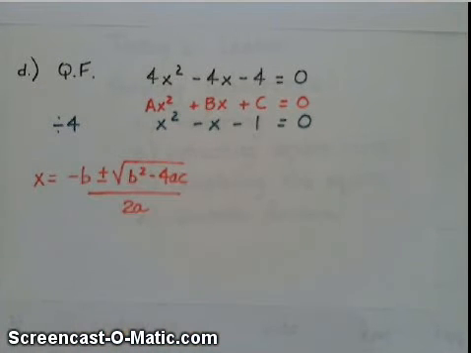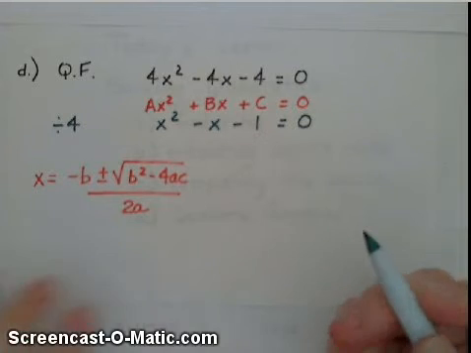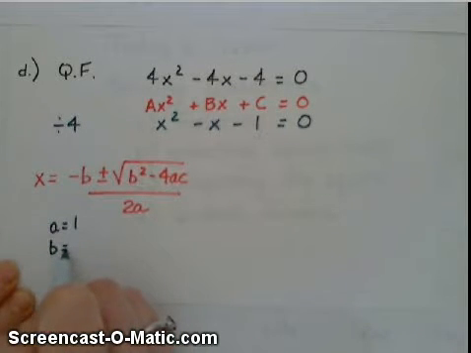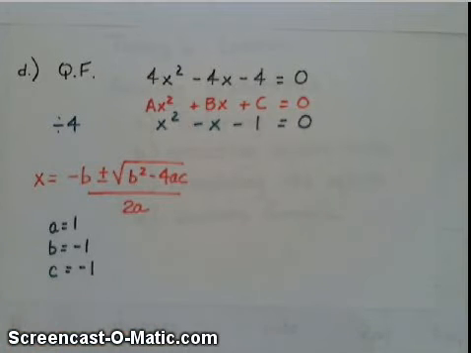And I know you know how to sing that little jingle. So in this problem, we are going to fill in that formula. A is equal to 1, B is equal to negative 1, and C is equal to negative 1. I get this from this equation right here. There's your 1, negative 1, negative 1.